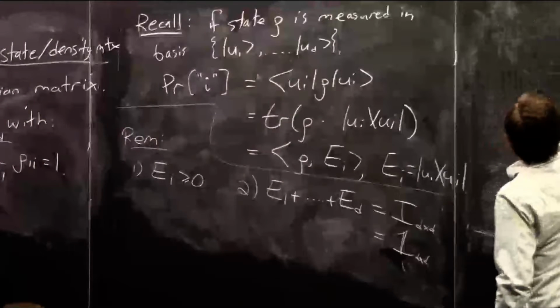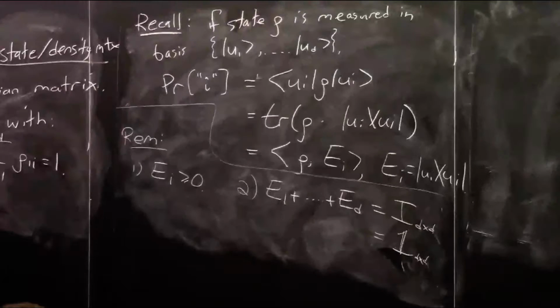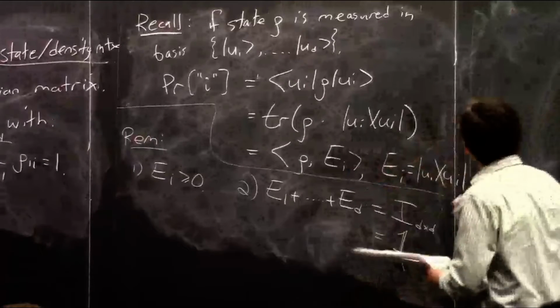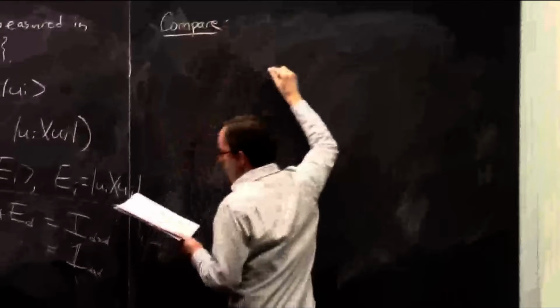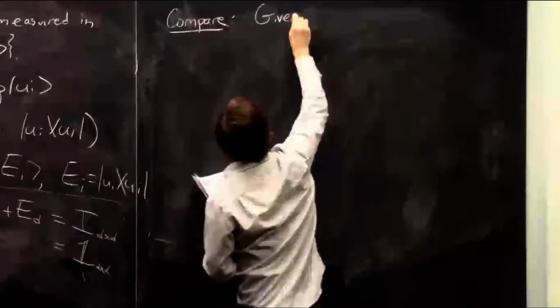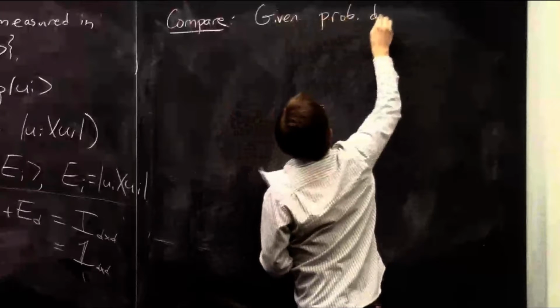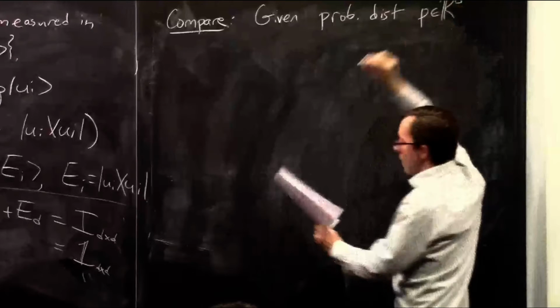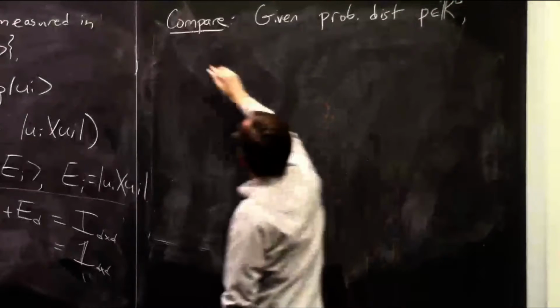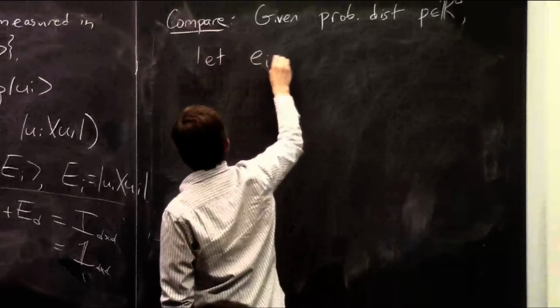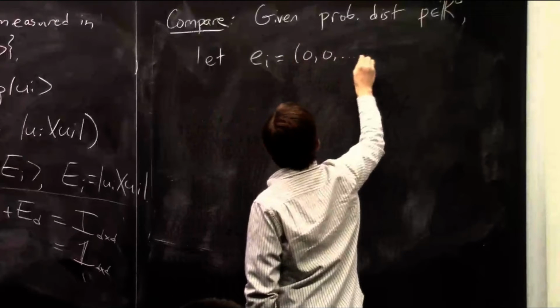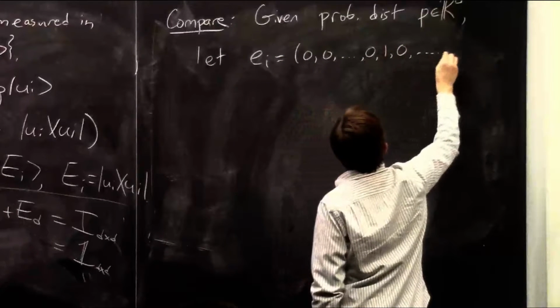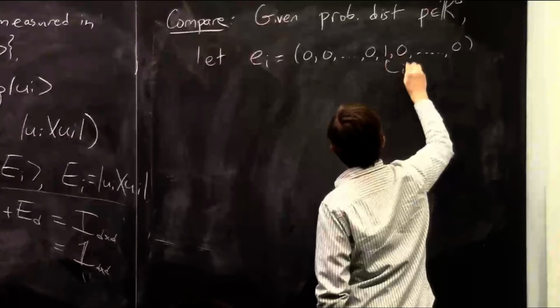And now let me give the first example of comparing this to the classical world, or classical probability. Okay, so let's say you're given a probability distribution P on the numbers 1 through D. And let little ei denote this vector, where this 1 is in the ith position.